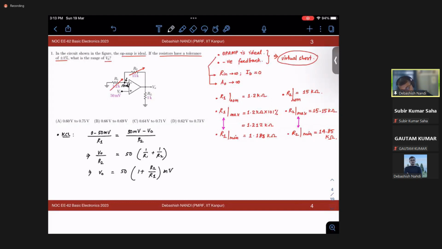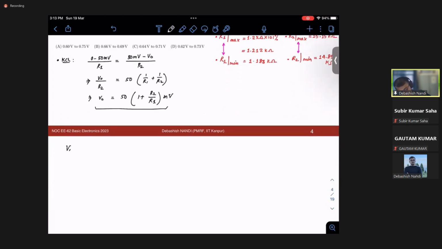So now you need to find out the range of V0. Your V0 will be minimum when this term is minimum, that is, when my R2 by R1 is minimum, right? How will that be minimum? When my R2 is minimum and my R1 is maximum. This is the lowest limit I will have on R2 by R1. So that is R2 minimum by R1 maximum.